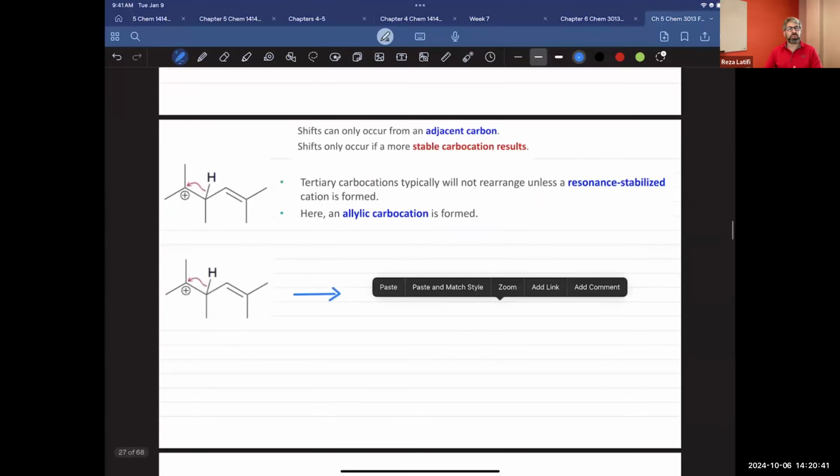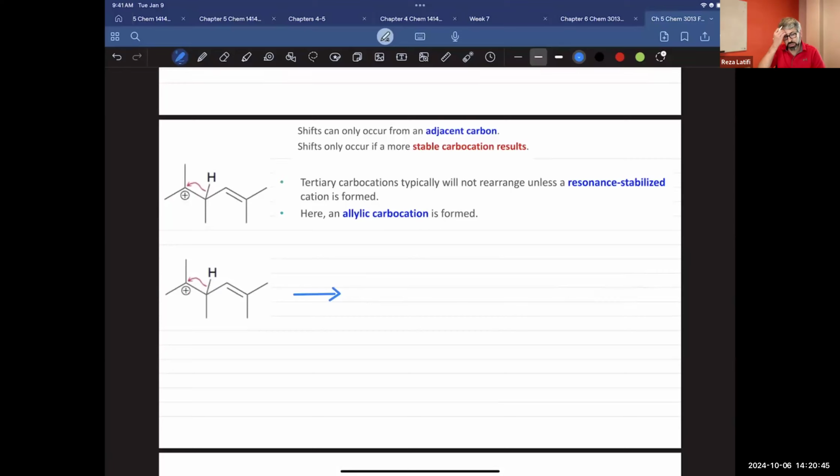Now, do I need to do this all the time? As you see, we said if you can shift a methyl or a hydride group to get a carbocation that is more stable, then do it. But what if the starting point is already tertiary? Should I move this? Let's see.